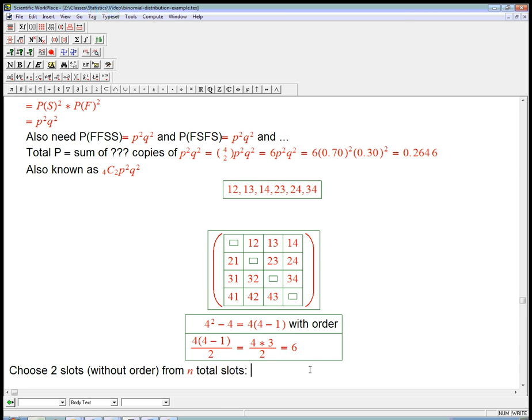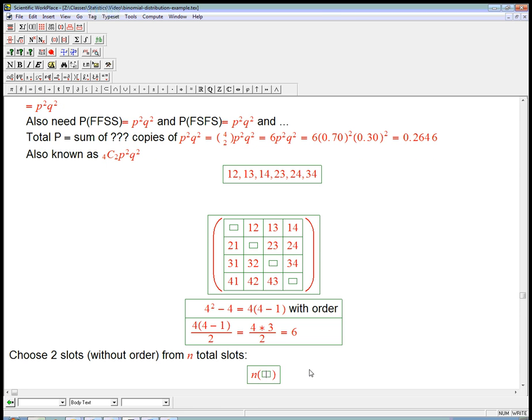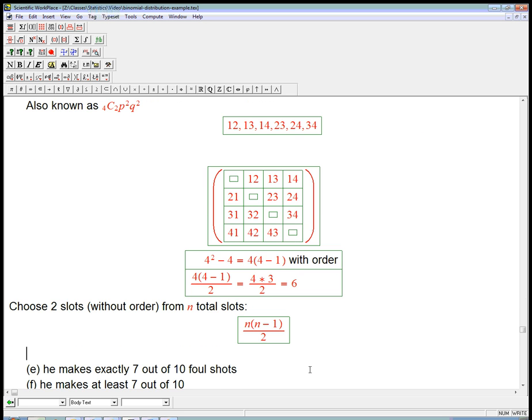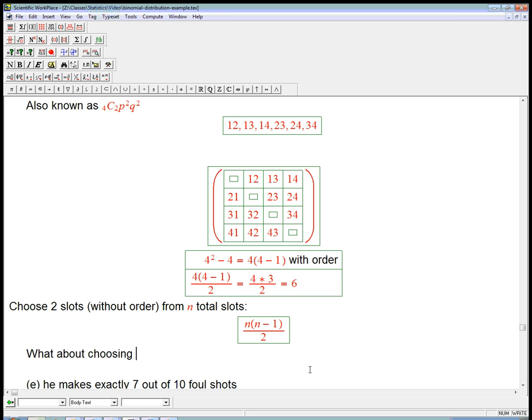The same idea is going to happen. It's going to be n times n minus 1 all over 2. Okay. Now the question is, what about choosing some other number like k slots from n total? Okay, and I'll save that for the next video.